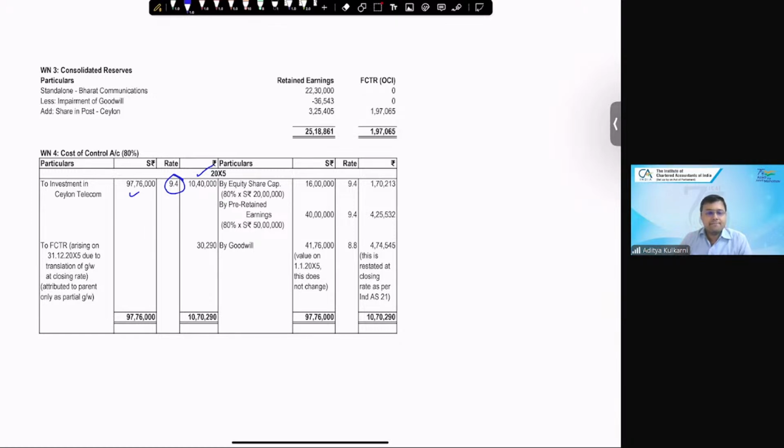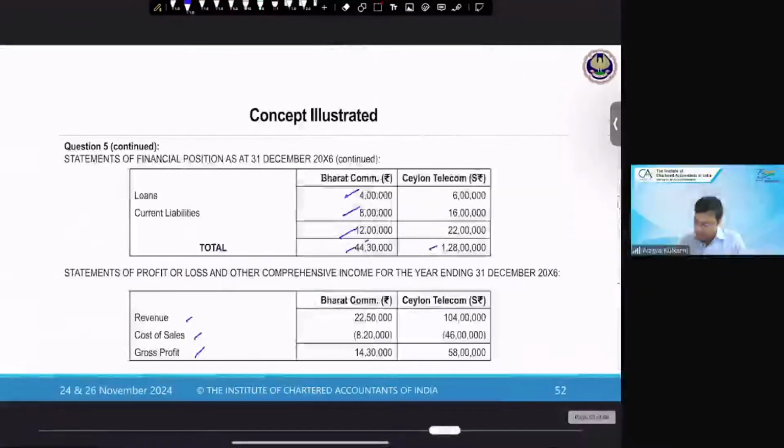Yes. समझ में आ गया? Now, first you do all the calculations in the foreign currency. 80% of share capital, so 80% into rupees 20 lakhs, because my share capital is 20 lakhs, right?